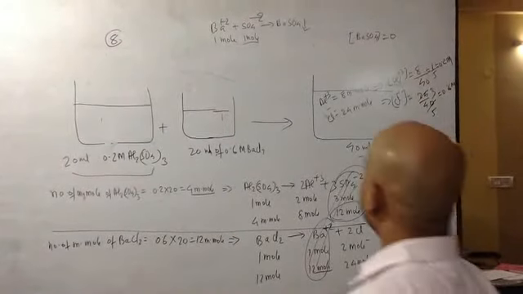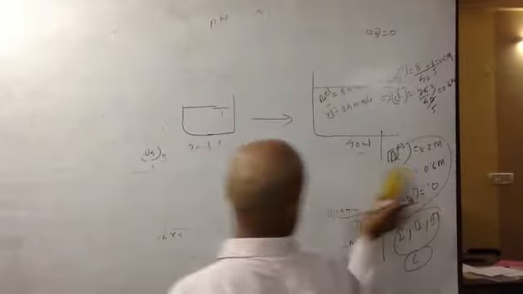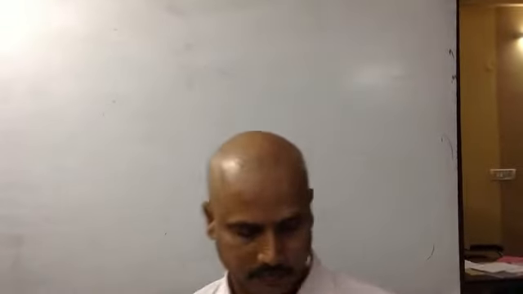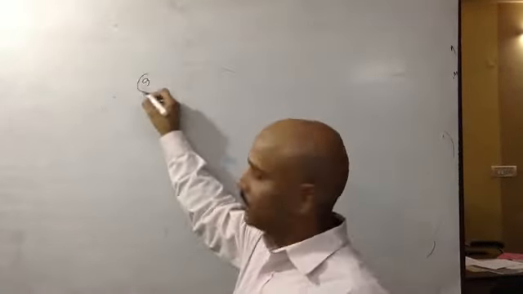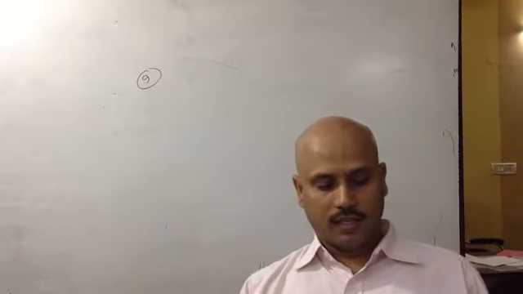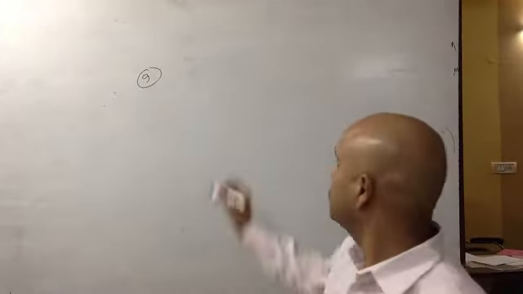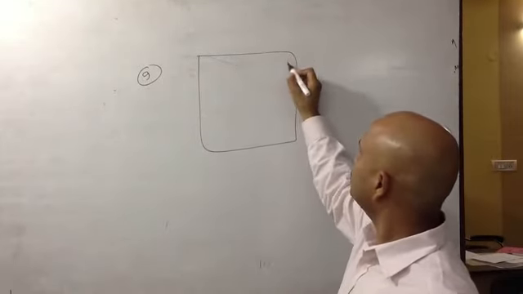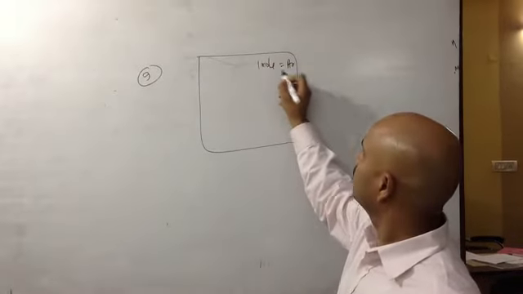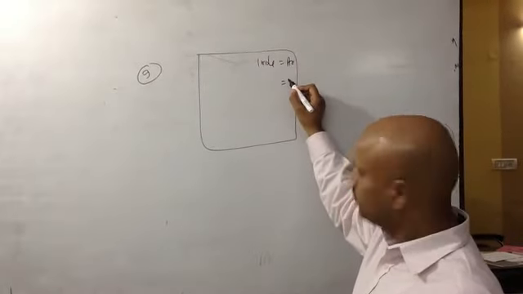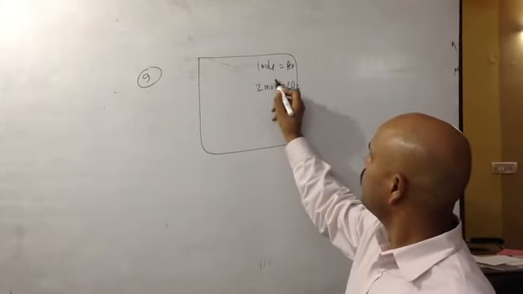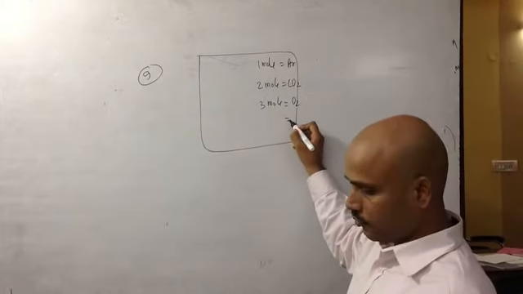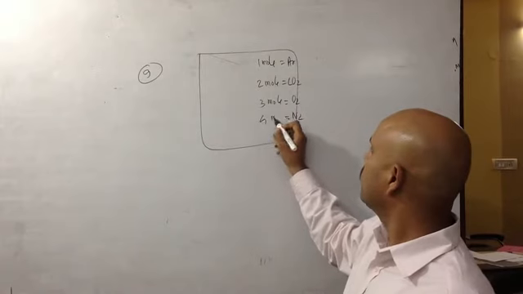Now move on to question number 9. A container has 1 mole of argon, we have CO2 2 mole, we have O2 3 mole, we have N2 4 mole.